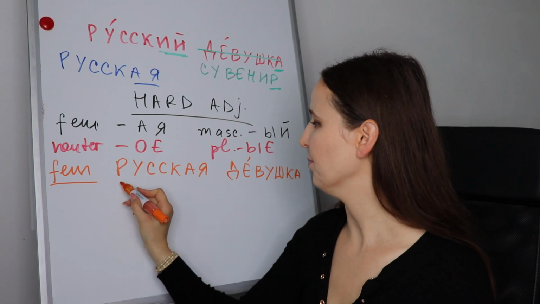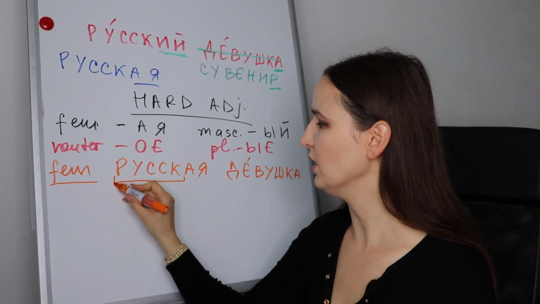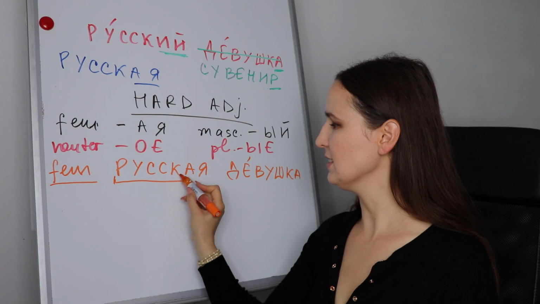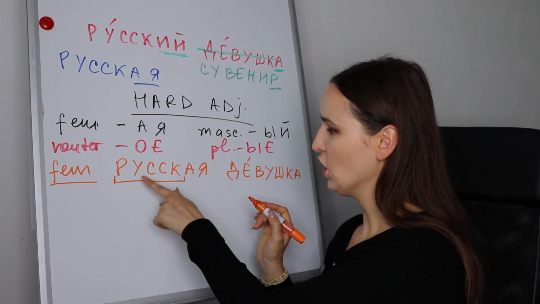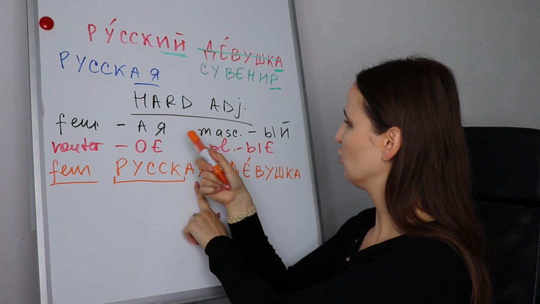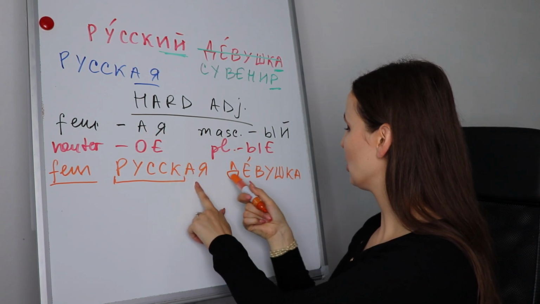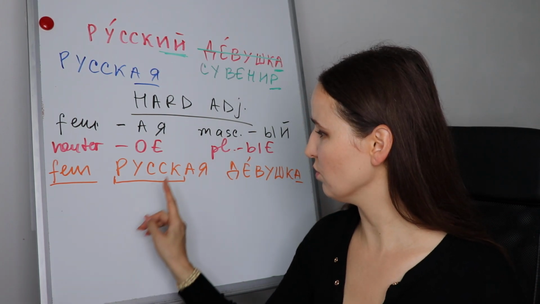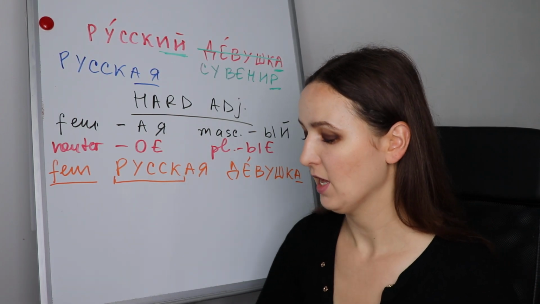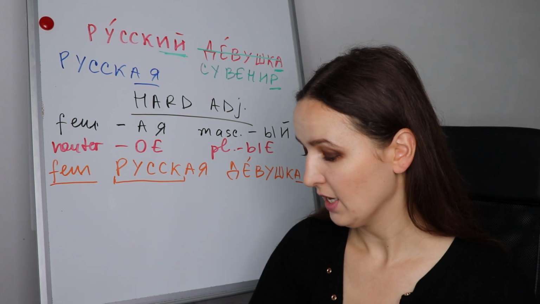So the stem is this part of the word without the ending. It ends in a hard consonant, ka. Русская. This is why we will use this ending aya. Русская девушка, because we have the hard ka here.